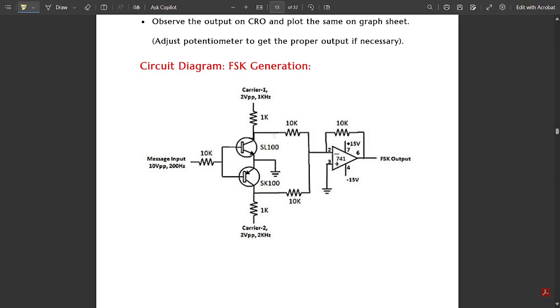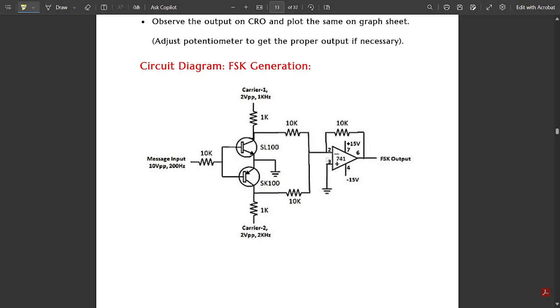Frequency shift means change in frequency. When the first transistor is on, we get the high frequency carrier, but when it is off and the other is on, we get the low frequency carrier. These two outputs are shorted and given to the non-inverting terminal, and the inverting terminal is grounded.